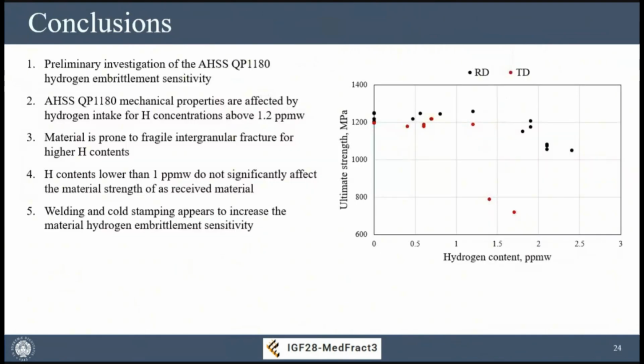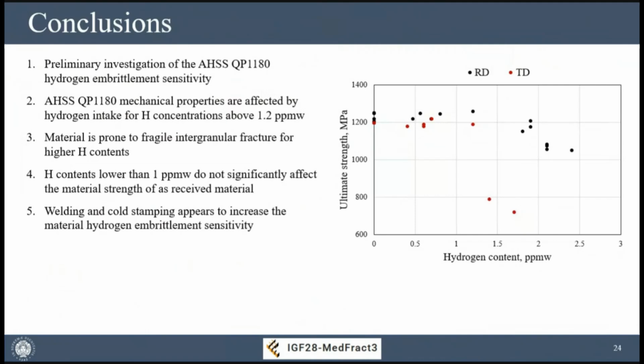And so just to conclude, at this moment, we preliminarily assessed the hydrogen embrittlement sensitivity of this material. This material seems to be prone to hydrogen embrittlement, in particular when hydrogen is present at high contents.